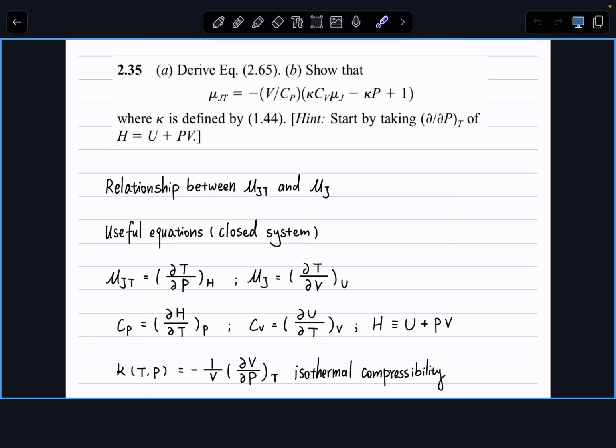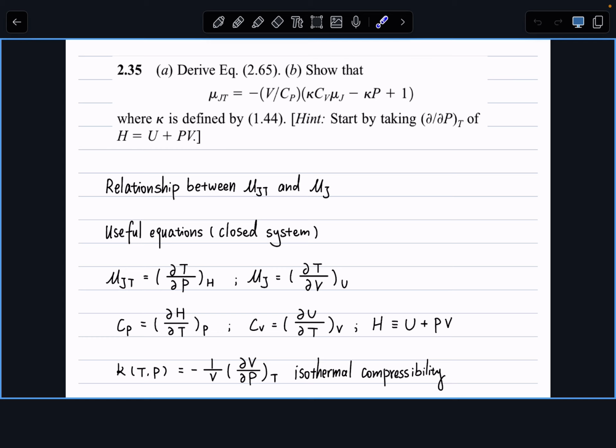All right. So we have one more thing left. The last thing we're trying to prove is this: V times kappa times CV times mu J equals the partial differential of internal energy over pressure at constant T, times pressure. So why don't we write out the definition of every term on the left-hand side?